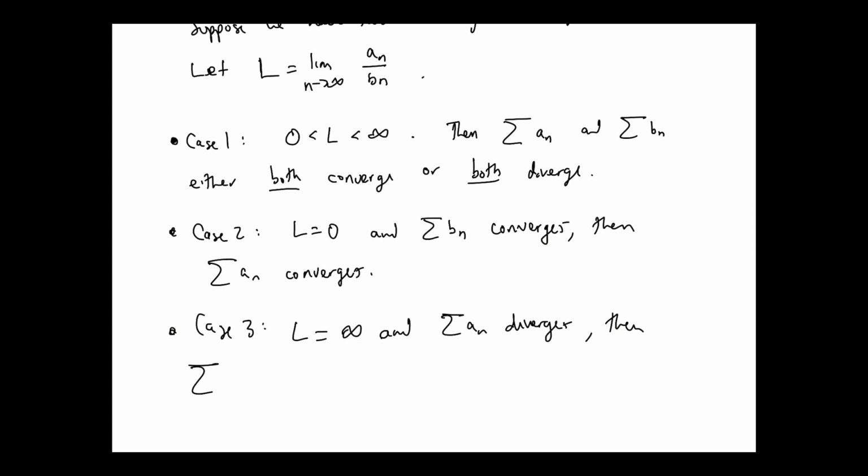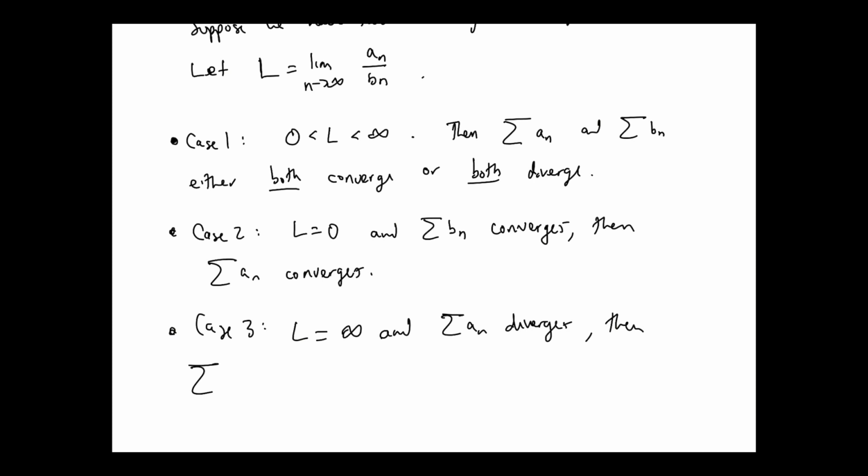Wait a minute, do I have that right? Hold on 1 second. Well, for case 2, wouldn't B sub n have to diverge because then you'd have a constant over infinity to make it 0? No, because it's not saying that A sub n limit is a constant.